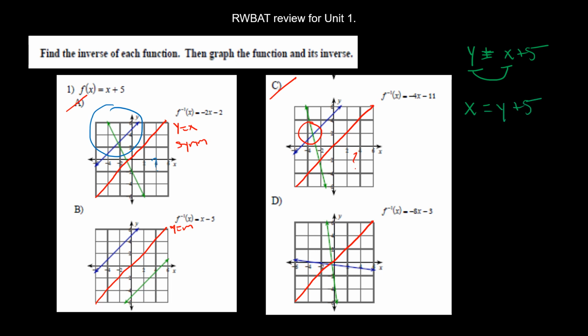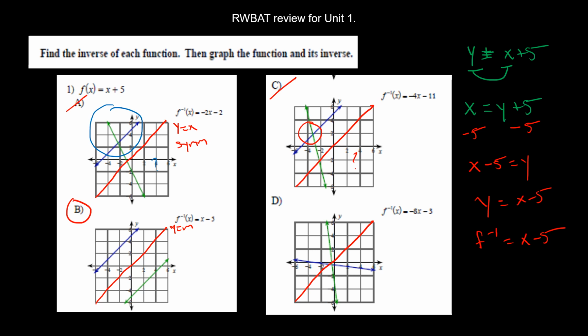I'm then going to subtract 5 from both sides. So I get x minus 5 equals y. In other words, that is just y equals x minus 5. And when we do that, we see that B is our answer.